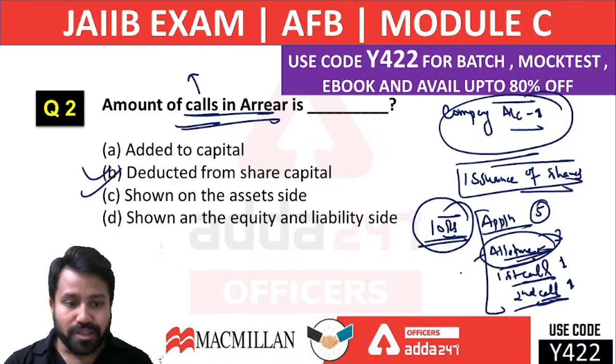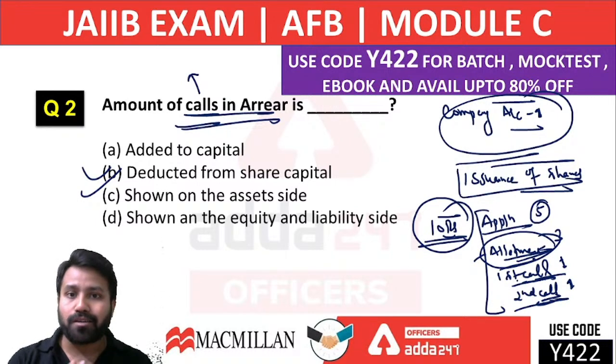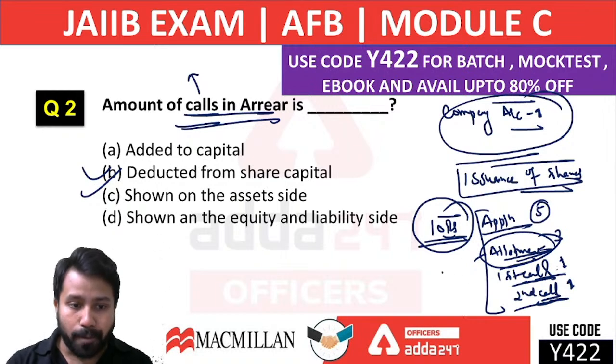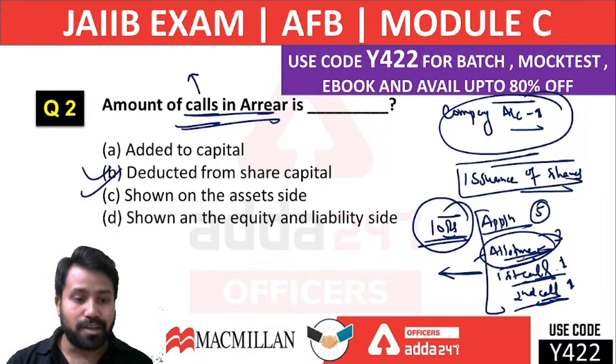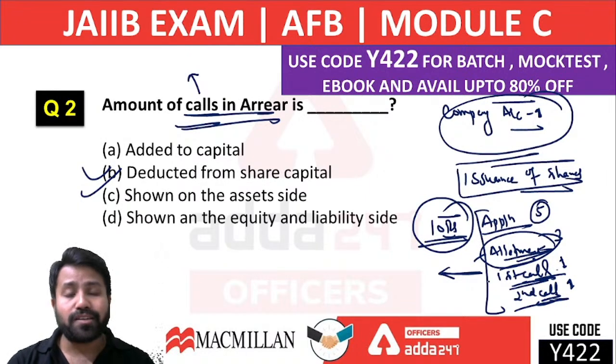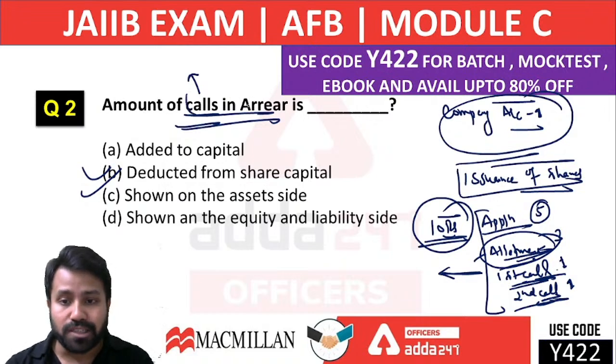Suppose some shareholders do not provide the called amount that is due from them to the company when it is demanded. If the shareholders did not provide the amount demanded on the first call by the company within the fixed date, that amount is known as calls in arrear.